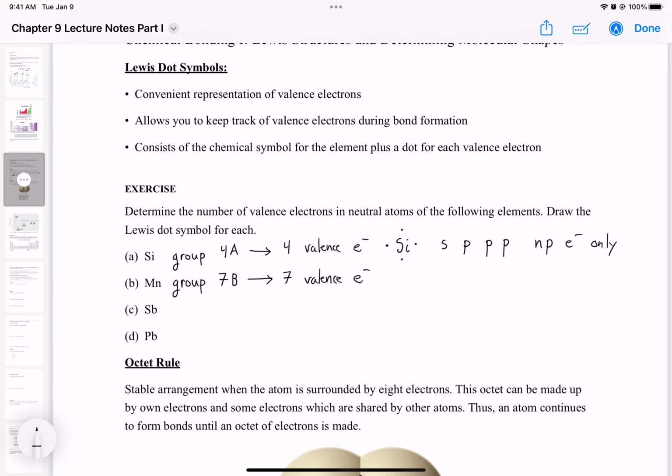For transition metals, we consider d orbitals, or let's just say d electrons, so electrons in the d orbital, if the subshell isn't filled.